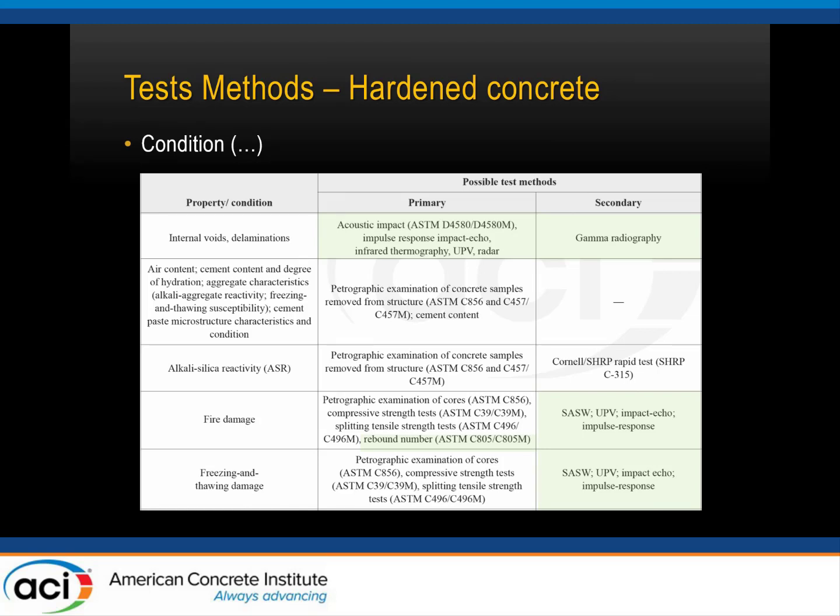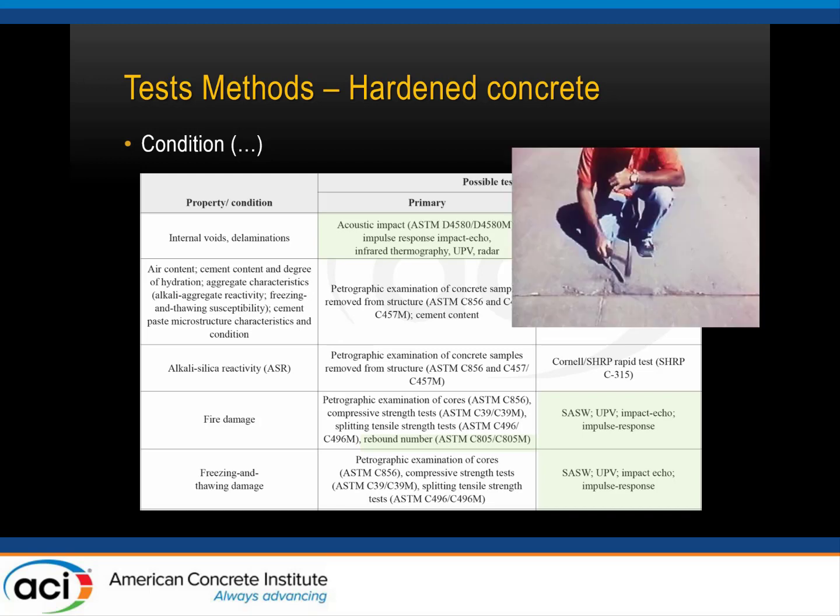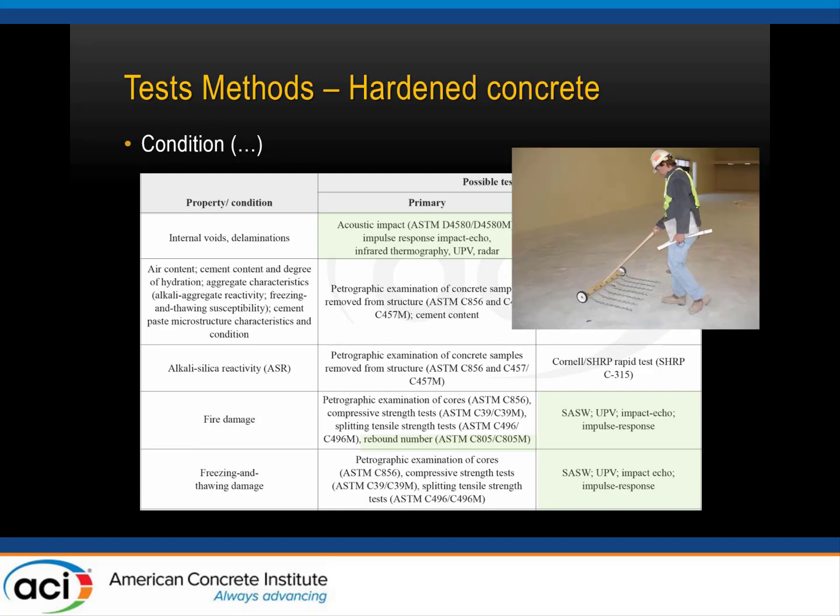The second subset of tests that can be performed to better evaluate the condition of concrete on site. First, one that is typically performed in any assessment, the different methods consisting in sounding the surface, with the hammer like this, or with a chain drag, especially on the large horizontal surfaces.